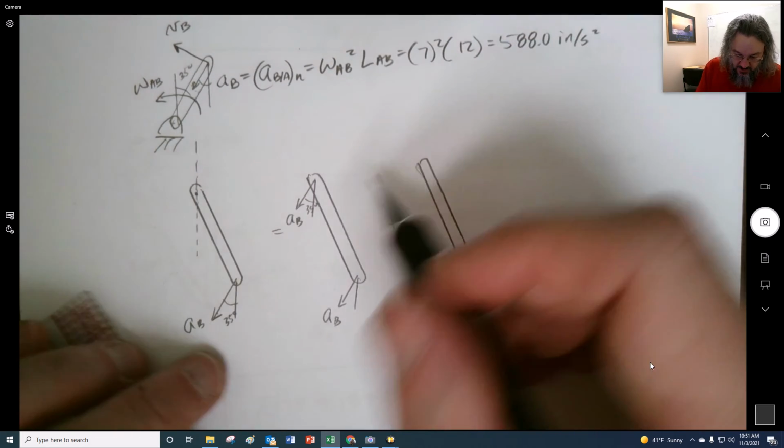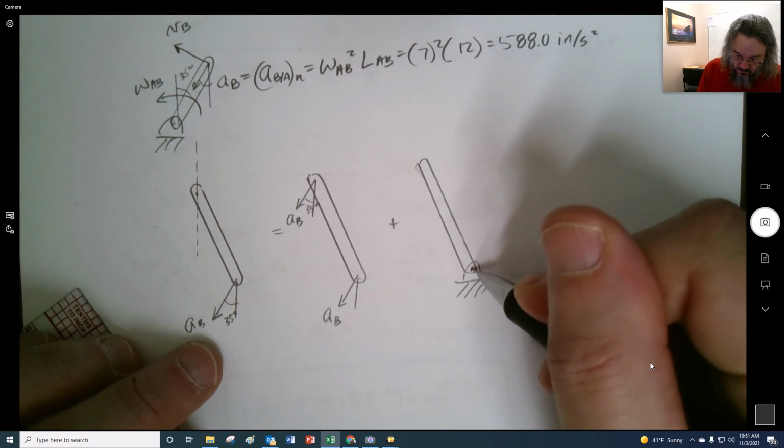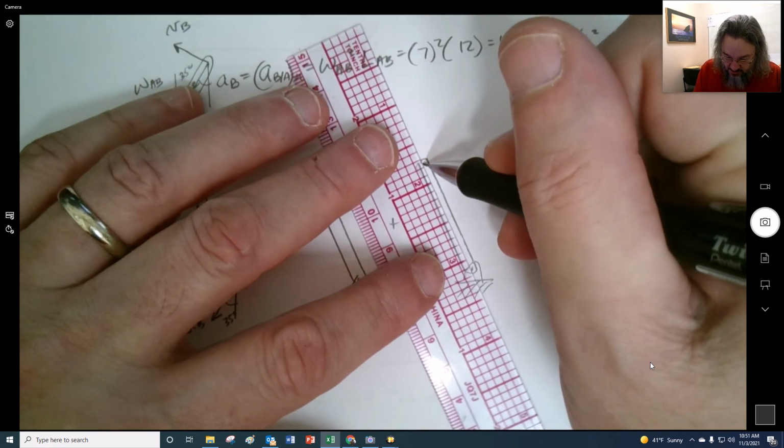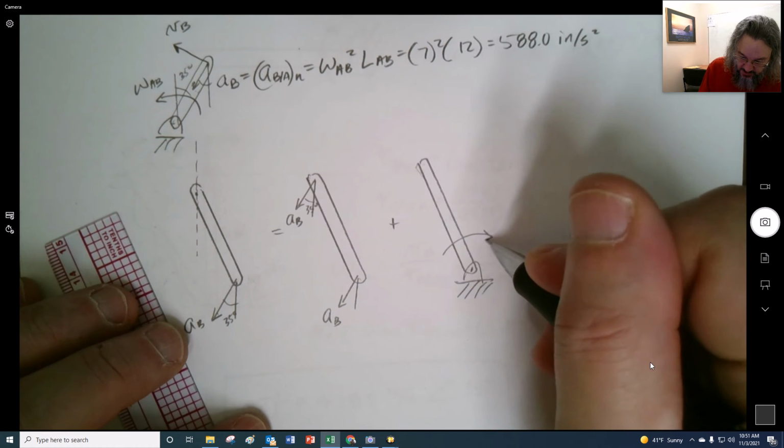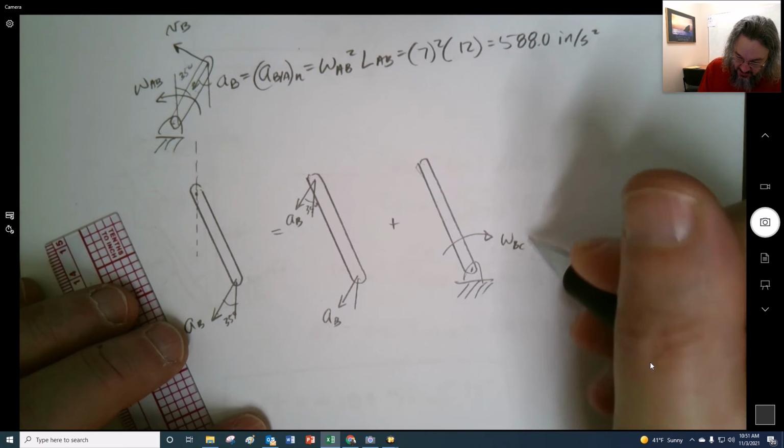All right, and now since this is the reference, this is going to be the pivot. And we do know that this thing is going with an omega BC. We know this magnitude.